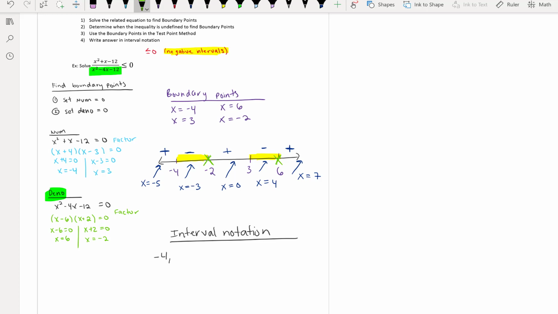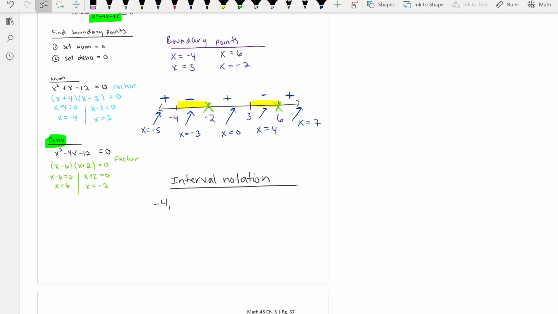So at -4, I'm going to have a bracket. But at -2, it's going to be a parentheses because it's part of my denominator, and the denominator cannot equal 0 because if I have, let's say, 5 divided by 0, that's going to be undefined. So I cannot include 0 from the denominator.